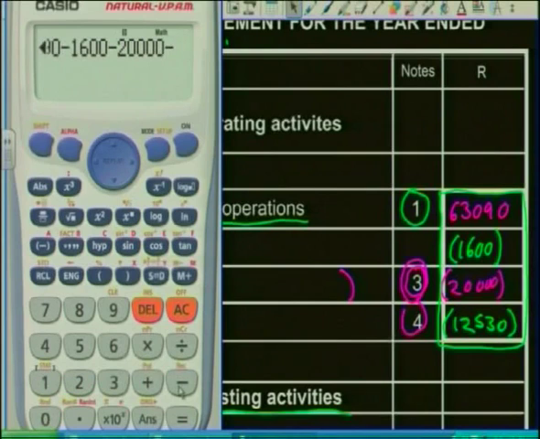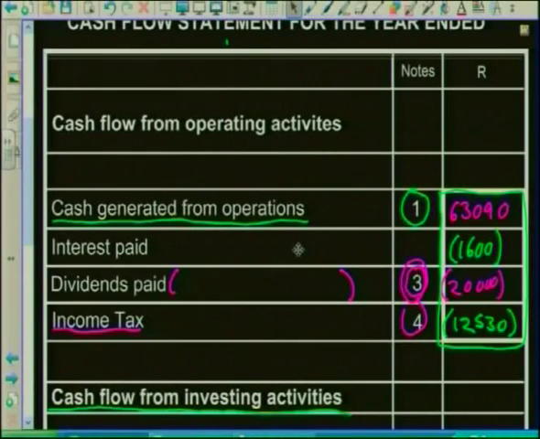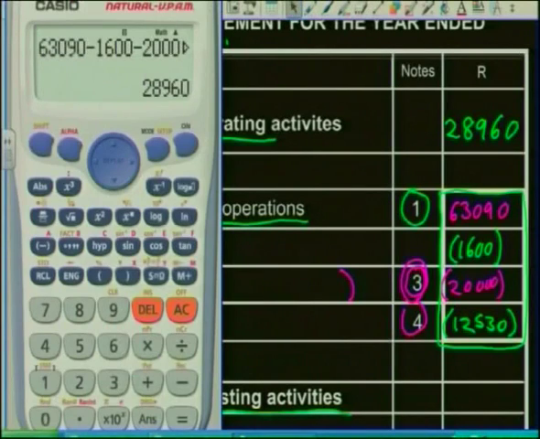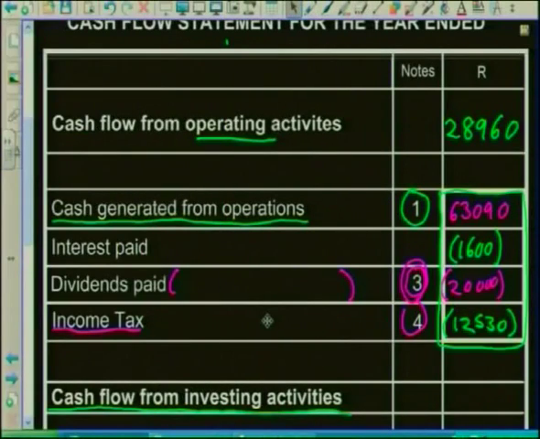And then finally we subtract our tax amount, 12,530, to get an amount of 28,960. In other words, cash flow from operating activities for this financial year was 28,960. Just want to double check quickly. Yeah, that's our amount. Right, first part of the cash flow statement done.